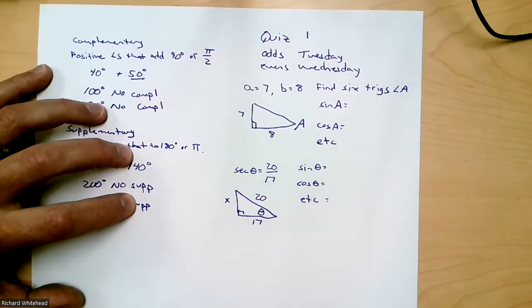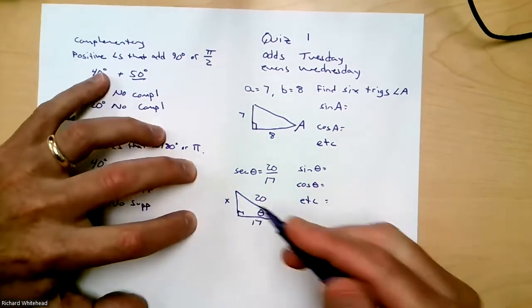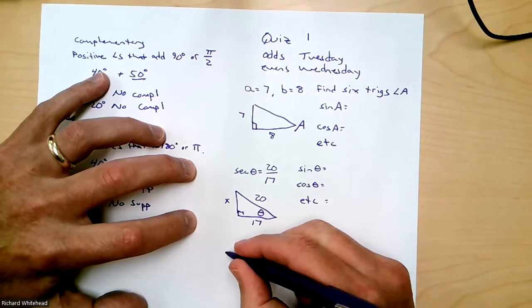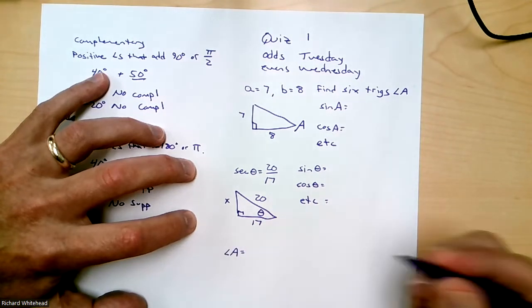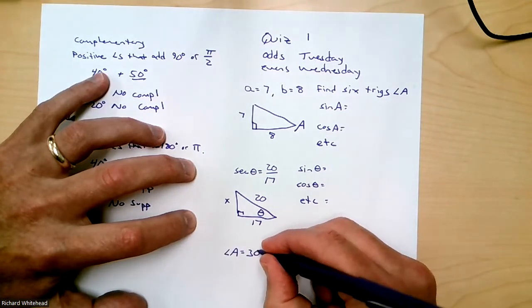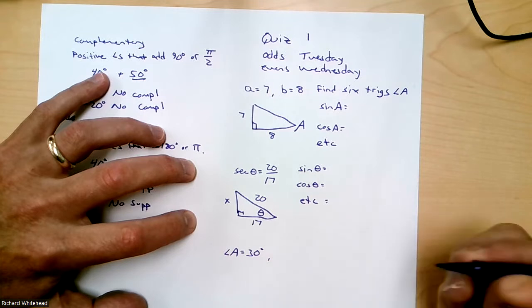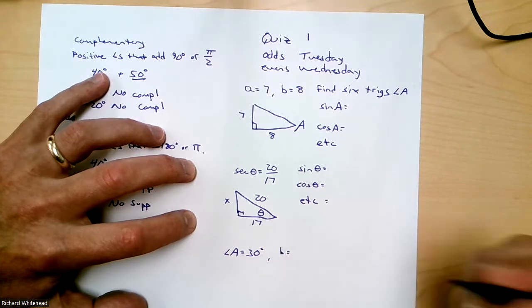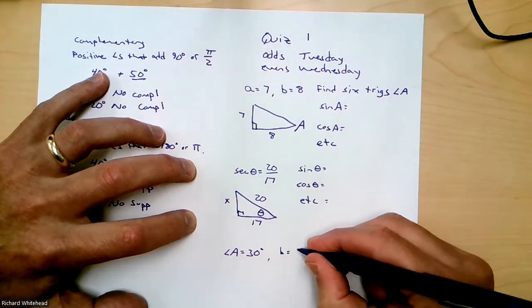Okay. And then to top it off, there's going to be one of those 30, 60, 90 problems where it's going to say something like, angle A is equal to 30 degrees and side B is equal to, I don't know, 30.